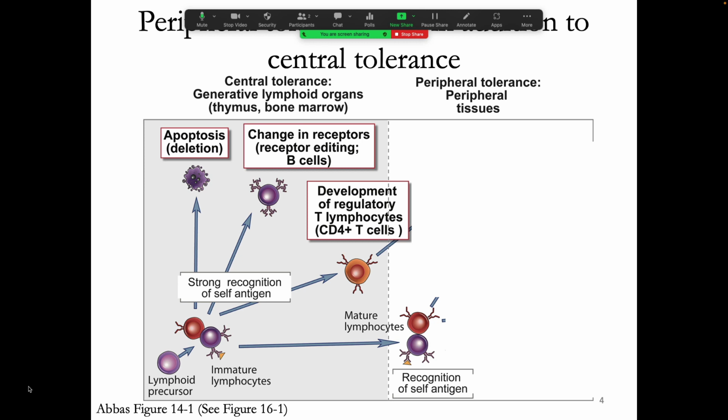So I'm just going to say it early, which is that when we think about autoimmune diseases, there are two different parts of autoimmunity we can think about. We can think about what is the initiating event, or what is the initiating factor? Why is it that some cell slipped through the cracks?